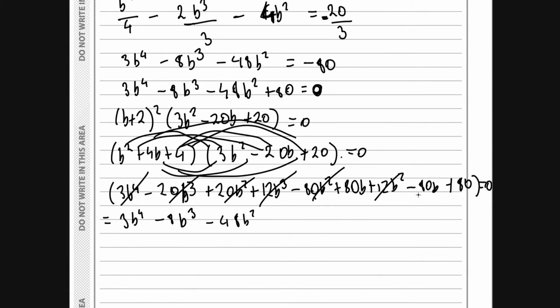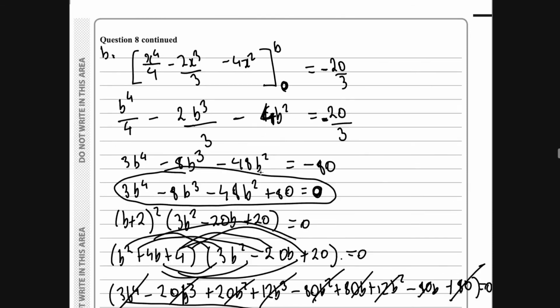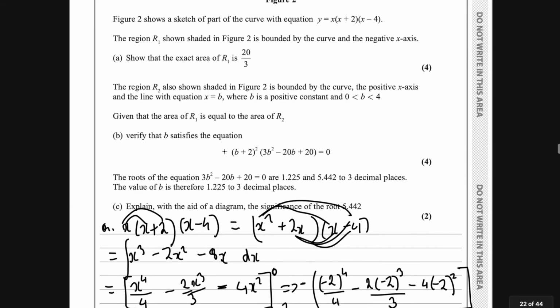And then, of course, what we've got here is minus 80 plus 80, which cancels out, and we've got 80 left. Okay, and that equals 0. And what we've found here is that this, quite conveniently, is equal to this. Okay, and hey presto, we've verified that b satisfies this equation.